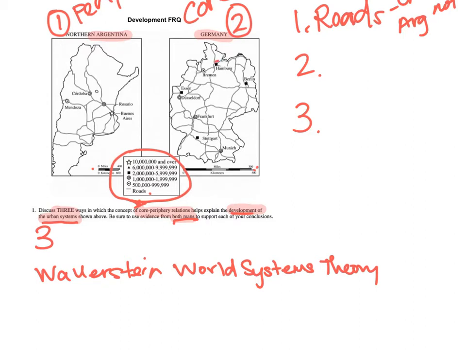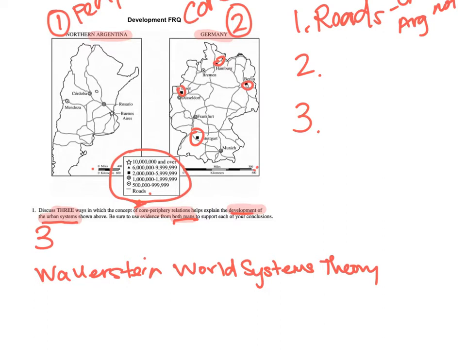There's one in Hamburg, there's one in Berlin, there's one over here in Essen, one down here in Stuttgart. And those are between 2 and 6 million people. But there's a lot of them. So there's a fairly large number of people living in multiple urban centers throughout the country.